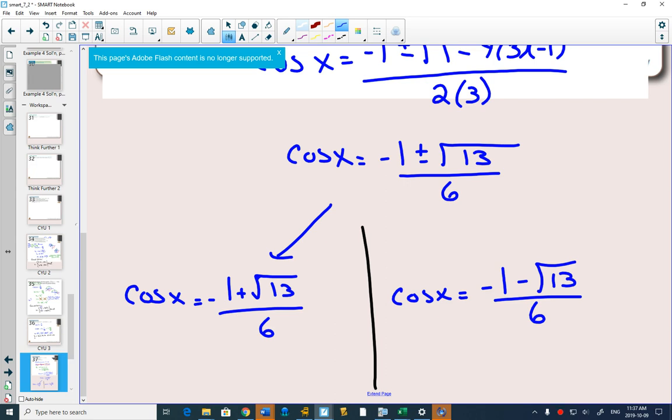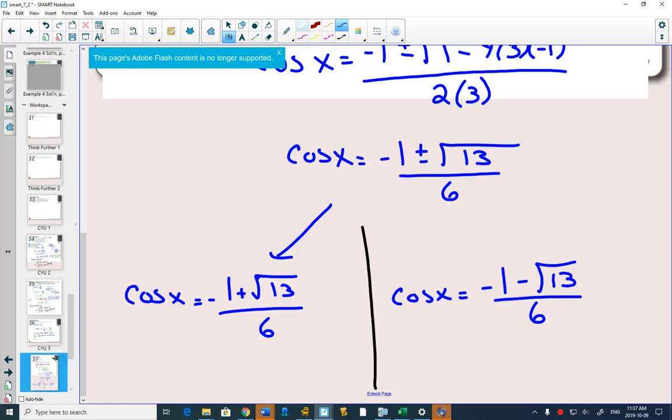So the quadratic formula is what's needed to get cos by itself. Notice in all of the questions that we've done so far, that's been the first thing we needed to do, is get our trig function by itself.